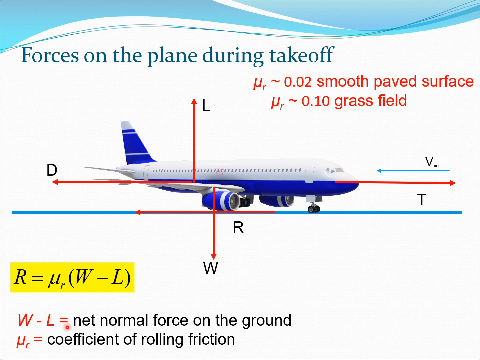Now W minus L is the net normal force on the ground, so it's actually the weight minus the lift. So that's the complete downward force which acts there, and this reaction R is proportional to W minus L.